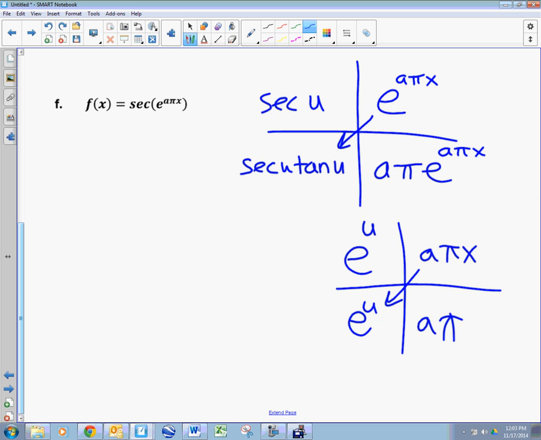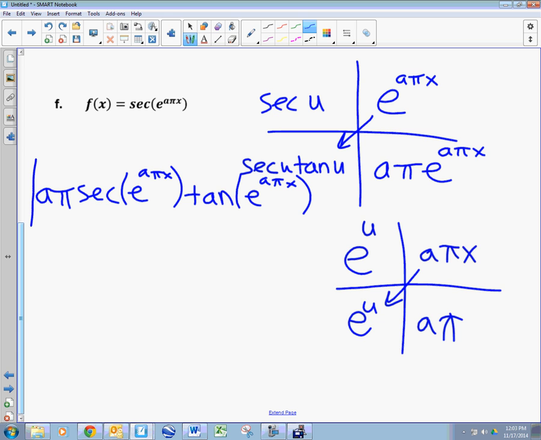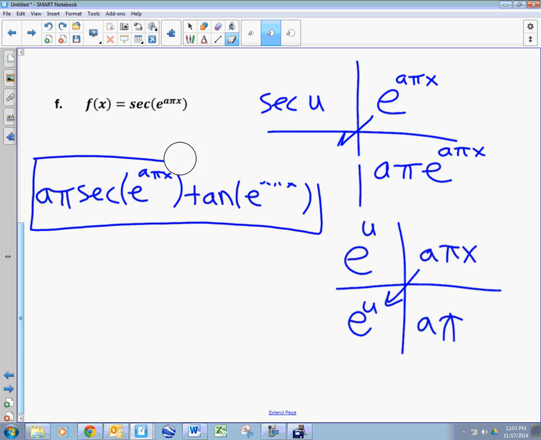All right, so I'm going to multiply those two together. A pi times the secant of e to the a pi x times tangent of e to the a pi x. I'm sorry, I left something off here.